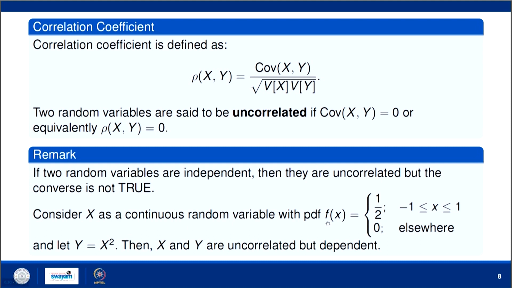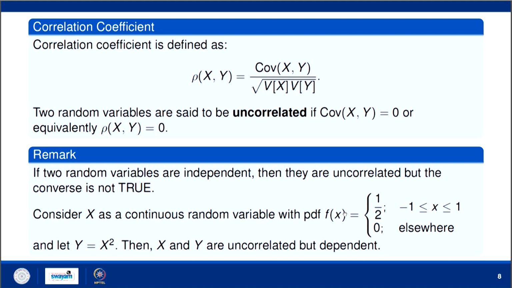See, this is an example which we can easily see. In this example, if we take a random variable y as x square, clearly they are not independent, they are dependent. But still, if you find the correlation coefficient or covariance of x and y for this particular problem, it comes out to be 0, or we can say that they are uncorrelated.